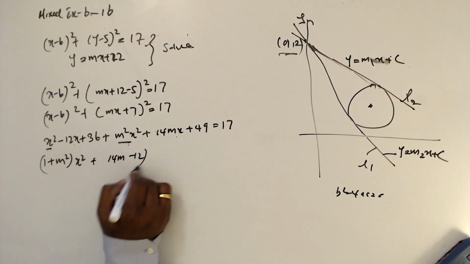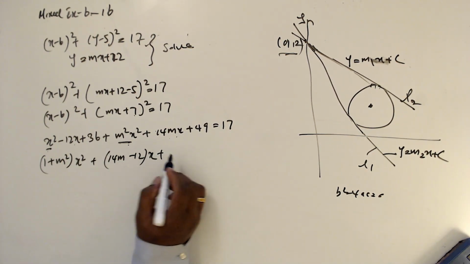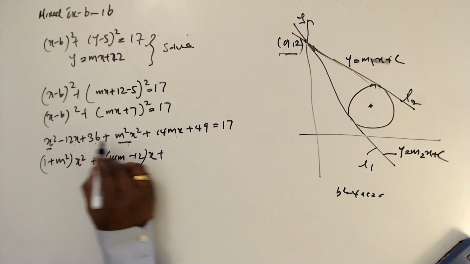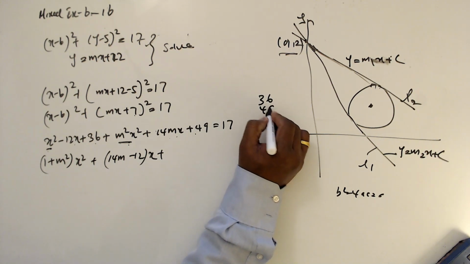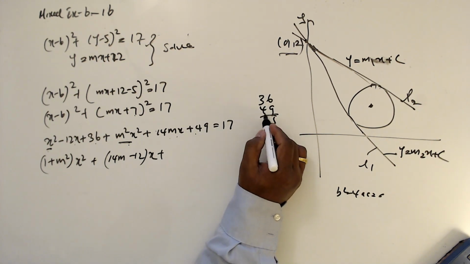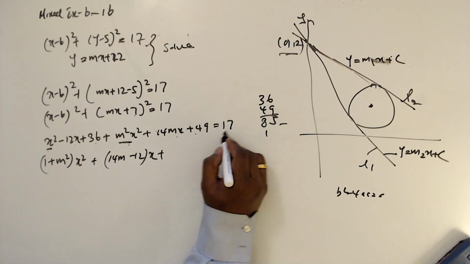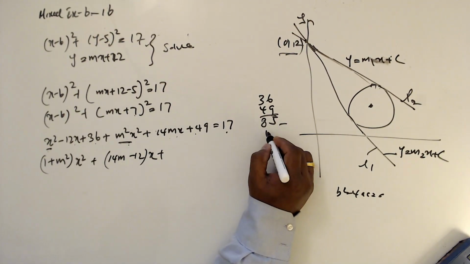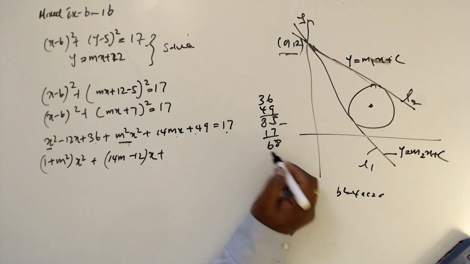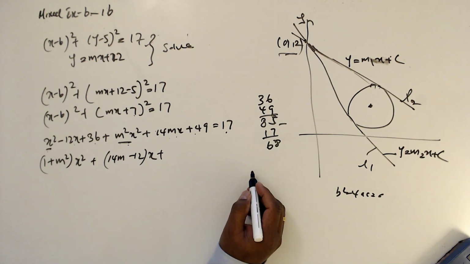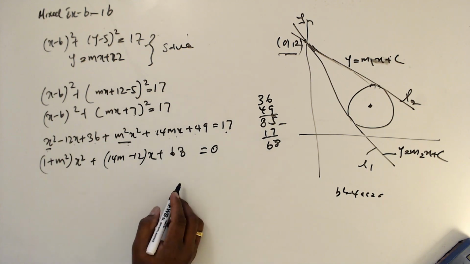14m minus 12 x, and now 36 plus 49 minus 17 when I bring to this side. So this is going to be 68 equals 0.